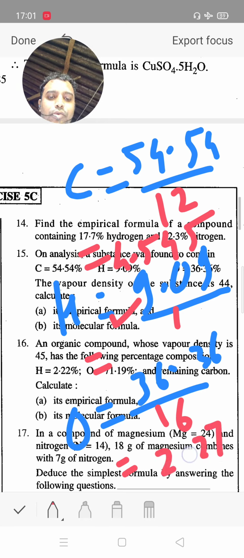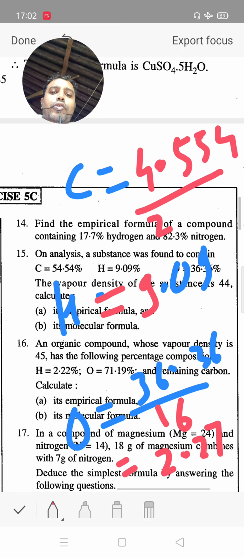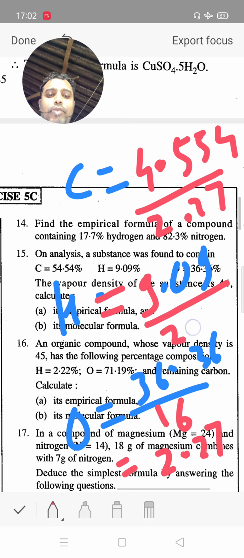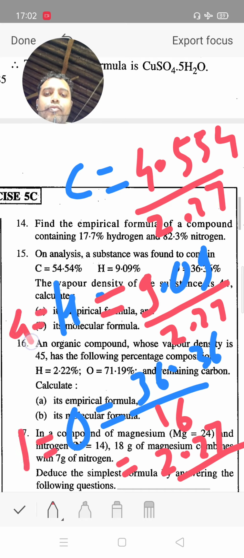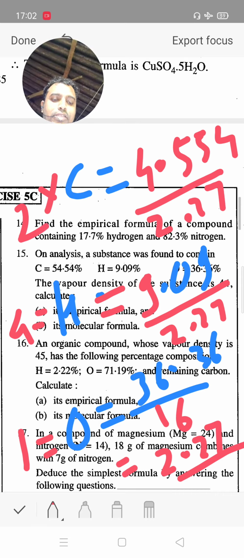Now the simplest ratio, using the smallest value: 4.545 divided by 2.27, then 9.09 divided by 2.27, then 2.27 divided by 2.27, which means there is 1 oxygen, a total of 4 hydrogen and 2 carbon present.